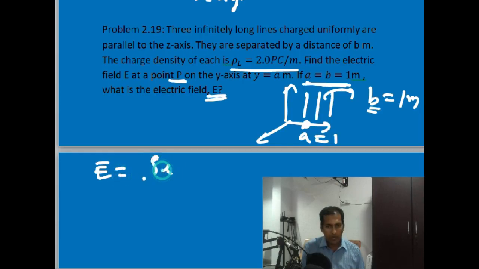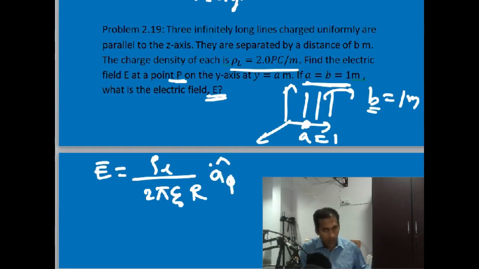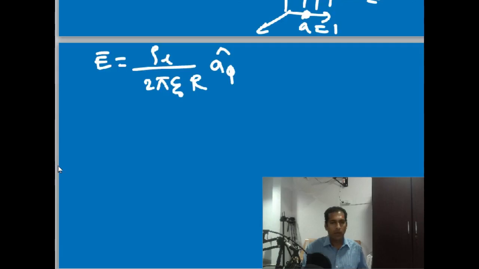E bar is equal to rho L by 2 pi epsilon naught R, say A phi cap. The units are volts per meter. So now first let us calculate EY1, that is because of rho L1.